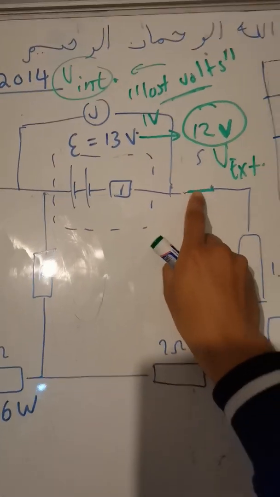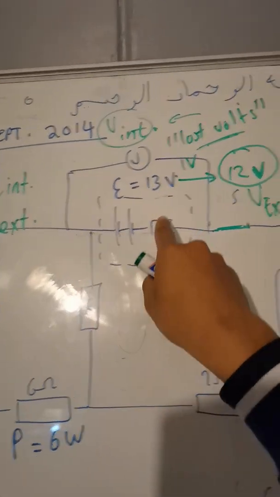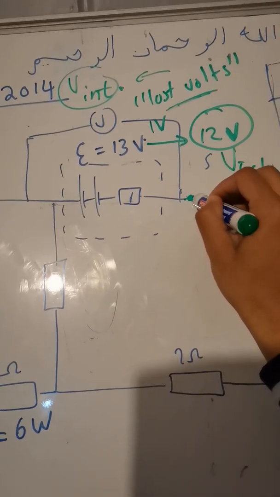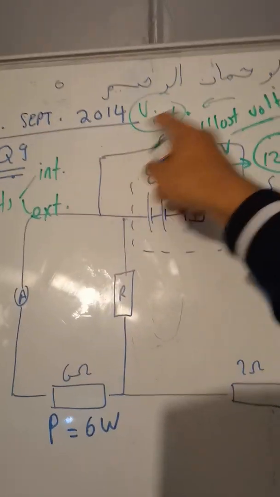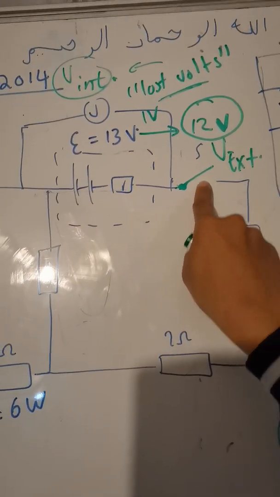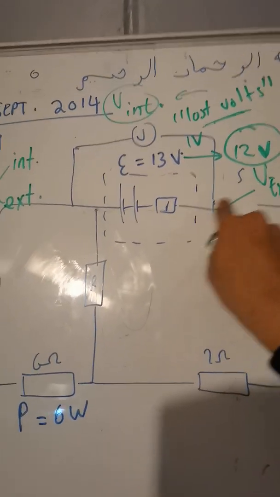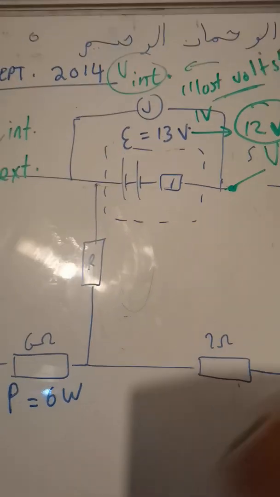So when the switch is closed, the voltmeter reads the voltage in the external circuit. Now I also want to mention as a side note, if that switch was still open and they ask you what the reading of the voltmeter is when the switch is open: there is no current flowing to my external circuit because there's a break in the entire circuit.